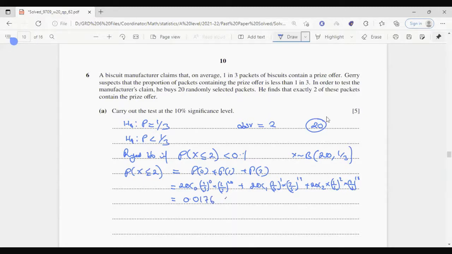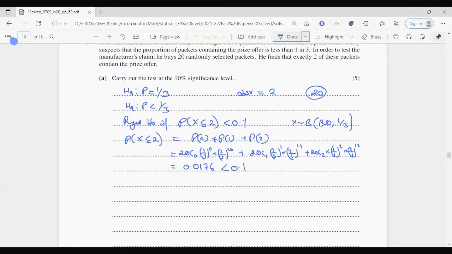That happens to be less than 0.1, which means that we have to reject H0.